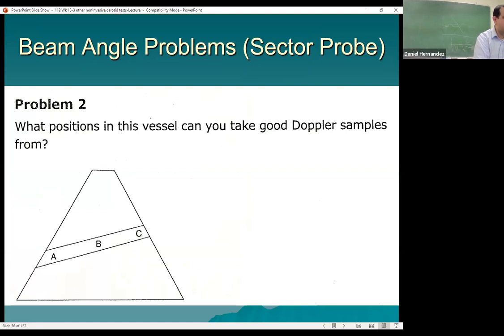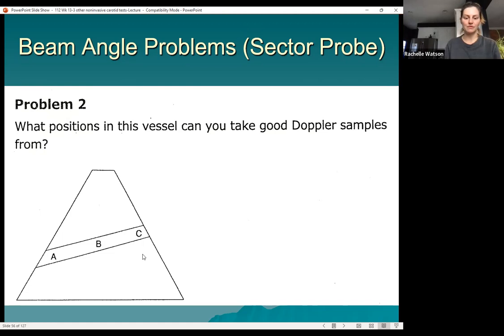So what positions in this vessel can you take good Doppler samples? What do you guys think? Couldn't you take good samples from B? Yeah, B is good.